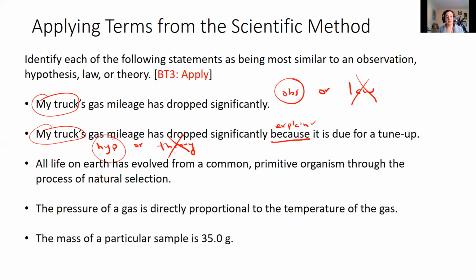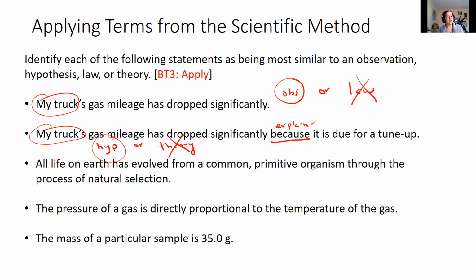All right, next example. All life on Earth has evolved from a common primitive organism through the process of natural selection. So this is a little bit of a trickier one. So we can say, all right, do I believe this is an explanation or is it simply a statement? So if we read this, it's telling me all life on Earth has evolved through the process of natural selection.